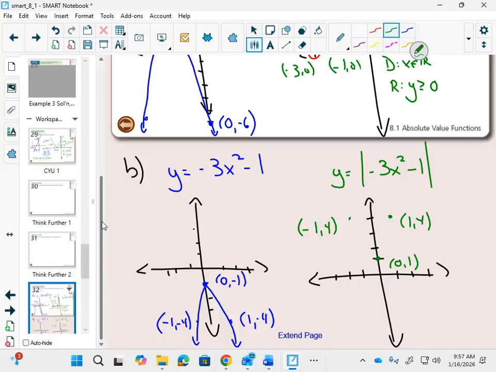And if this whole parabola got flipped up, this is the graph of the absolute value.